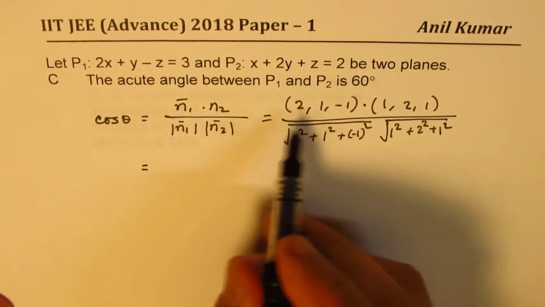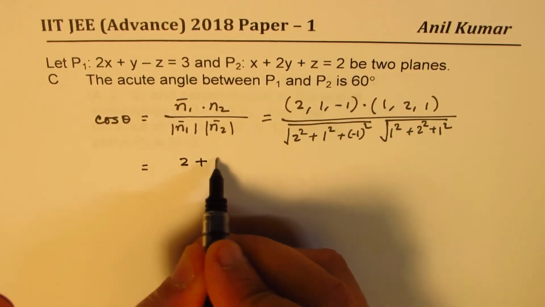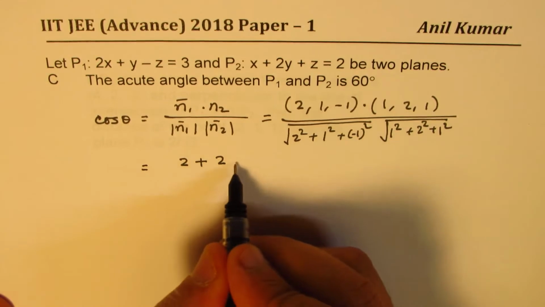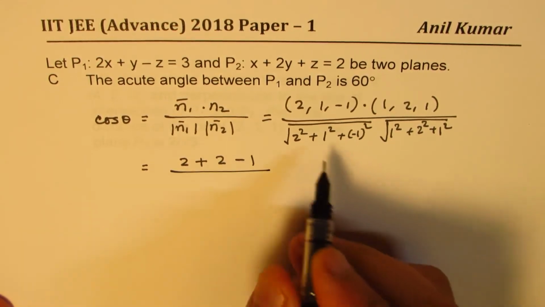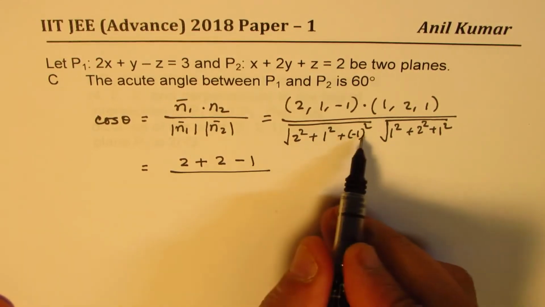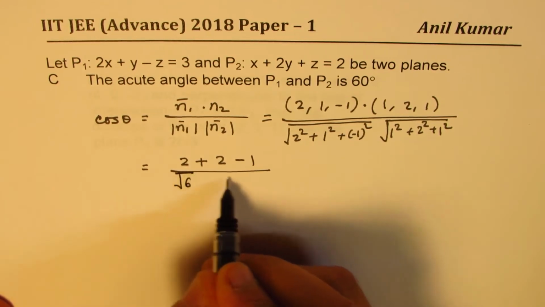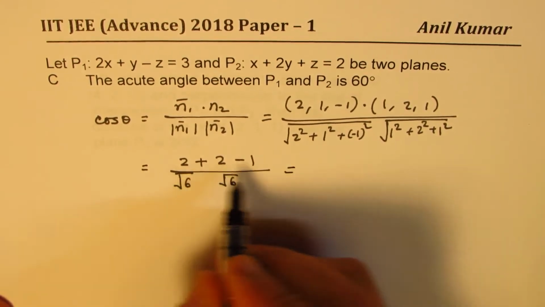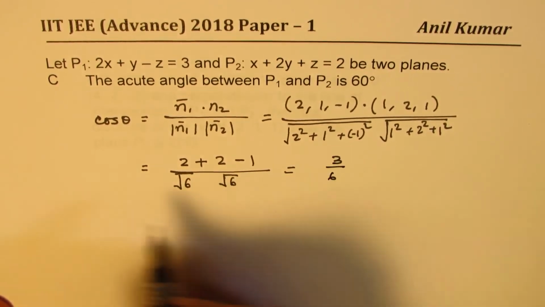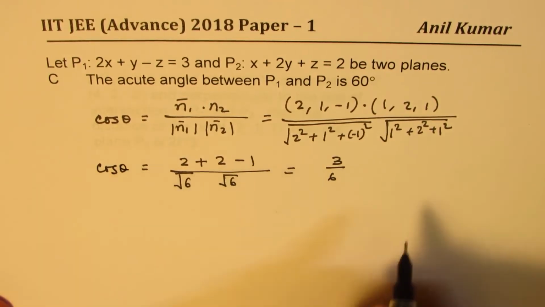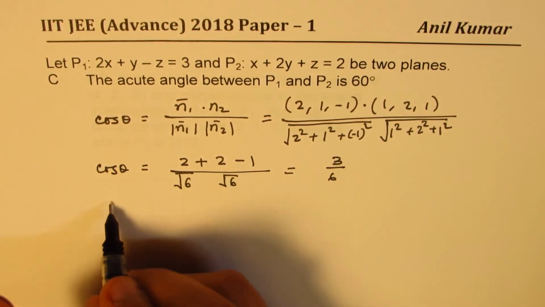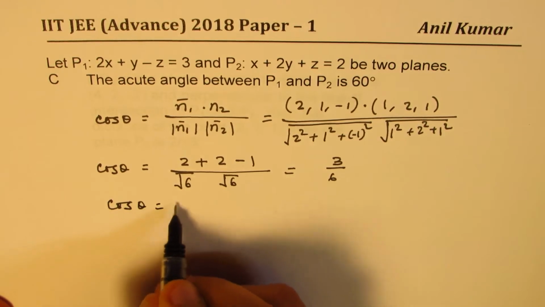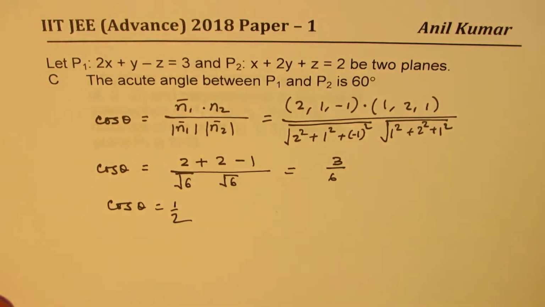So that gives you, we get 2 plus 2 and that minus 1, divided by square root of 4 plus 1 plus 1, 6, times square root of 1 plus 4 plus 1, 6. So what we get here? 3 over 6. So that is cos theta. So cos theta is basically half.